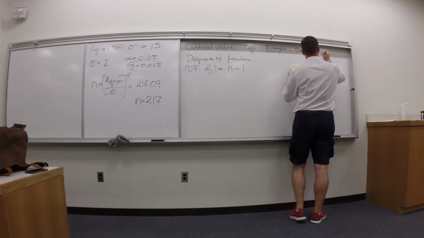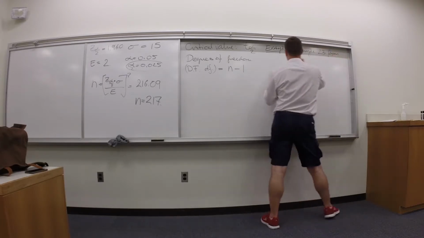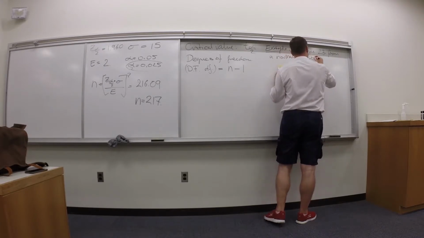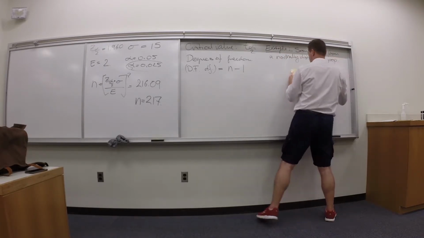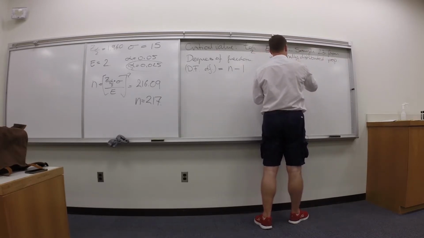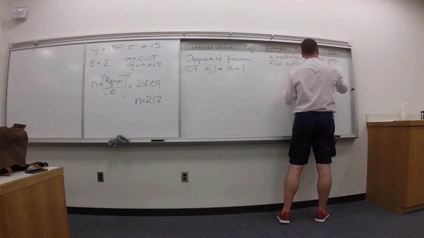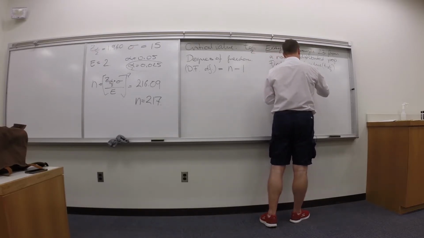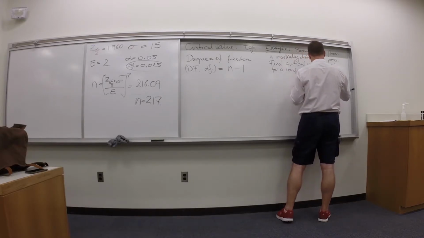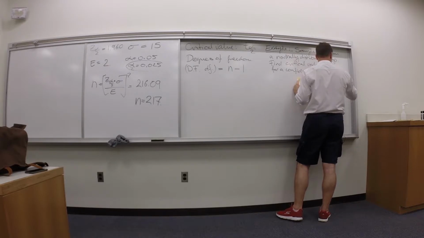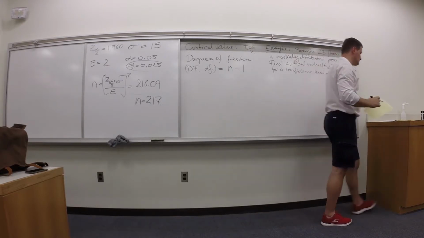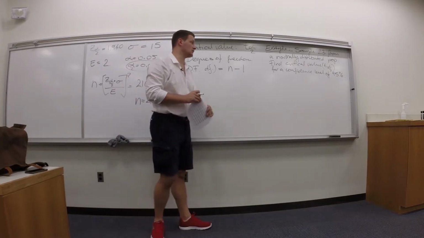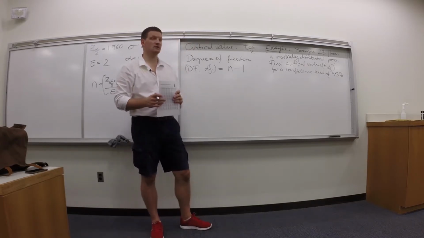So let's look at a very simple example. Sample 23 from a normally distributed population, find critical value T alpha over 2 for a confidence level of 95%.